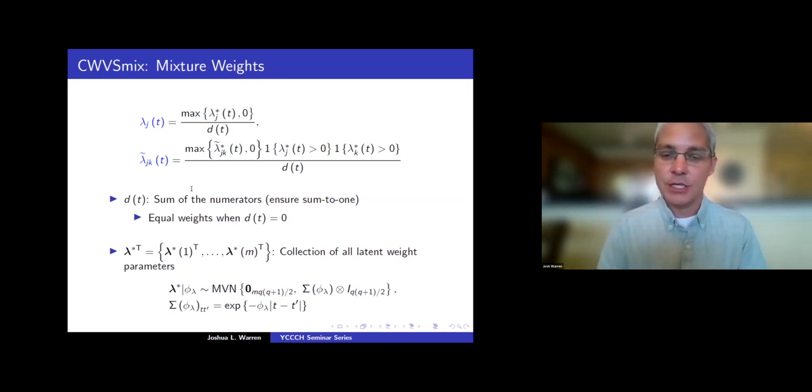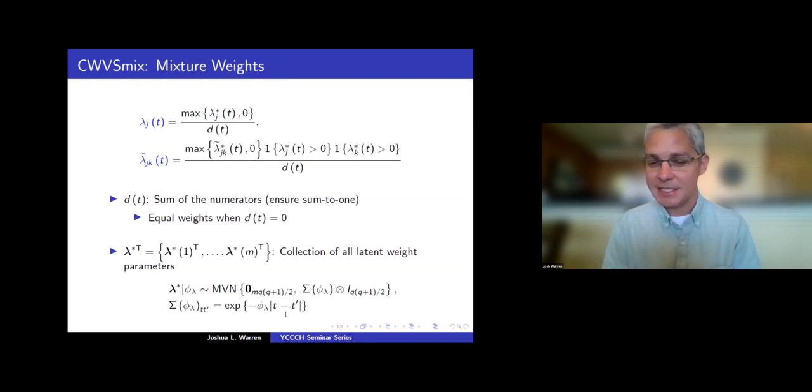Now, how do we do smoothness across time? Well, it's all about this correlation structure. These latent lambda star parameters that control the weights are actually modeled as a multivariate Gaussian process. I think the key thing to focus on here is that there's this underlying correlation structure that tells us as two exposure time points get further apart, this exponential of a negative number will get closer to 0.